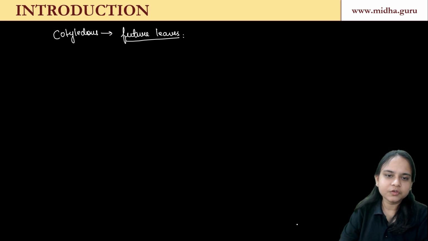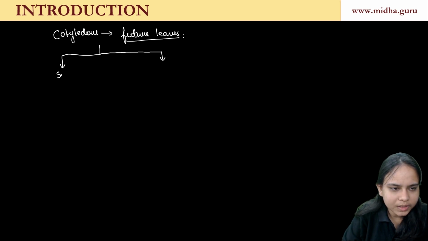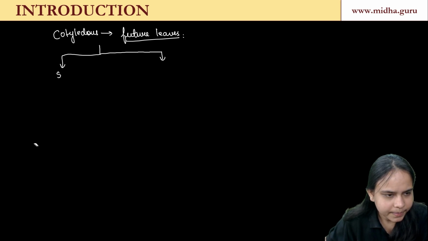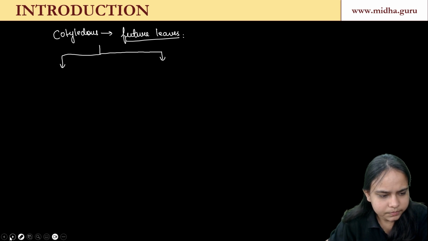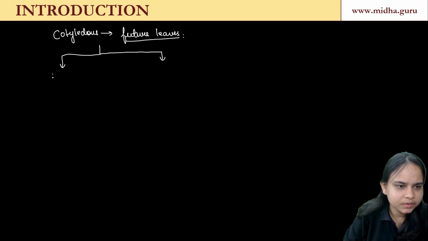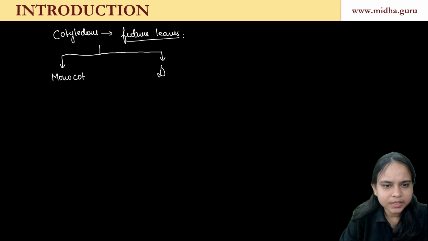Cotyledons are what? Future leaves. Okay. So a seed having just one cotyledon is called a monocot, and a seed having two cotyledons is called a dicot.